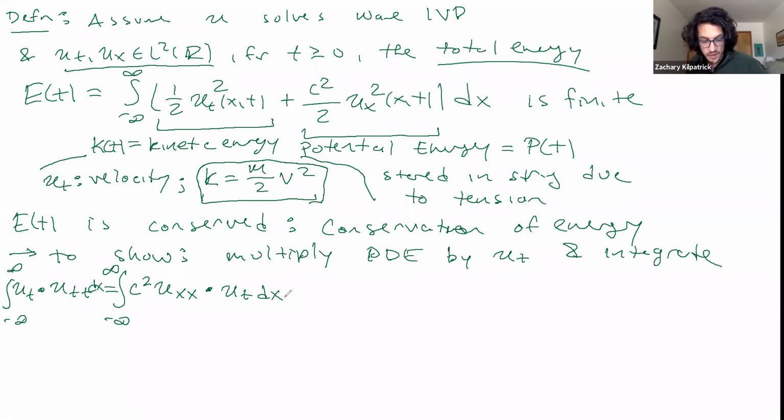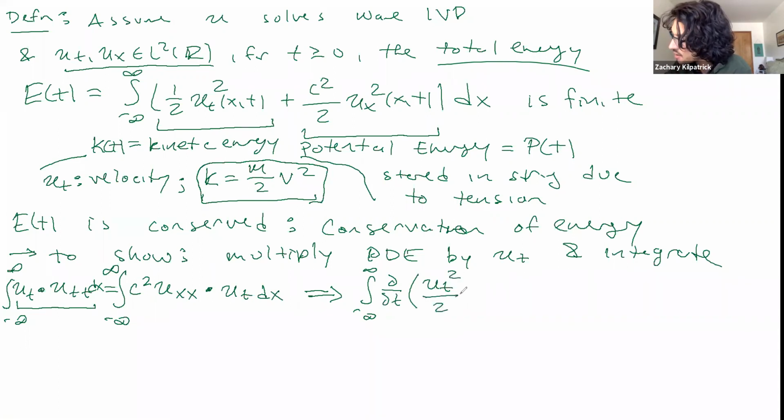So once I do that, I can evaluate it as follows, right? First of all, I know that this quantity here, u_t times u_tt, I can rewrite as the partial with respect to t of u_t squared over 2 dx, okay?